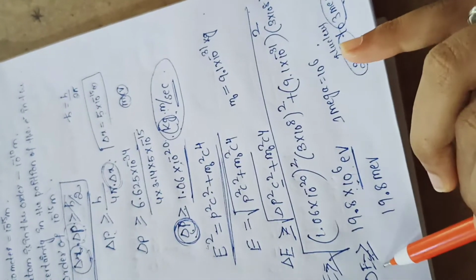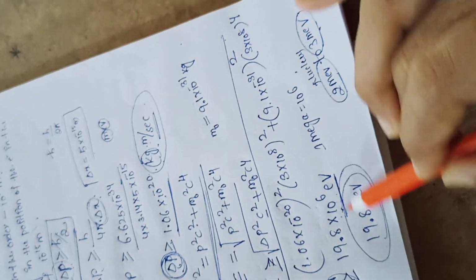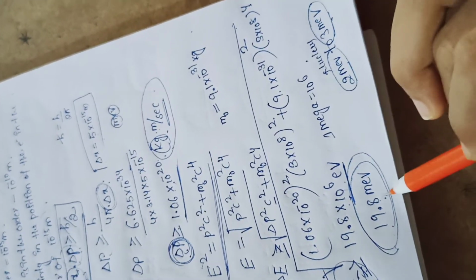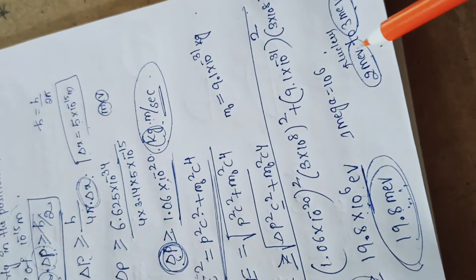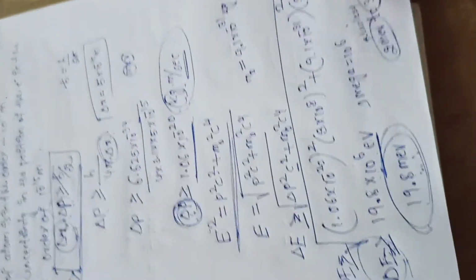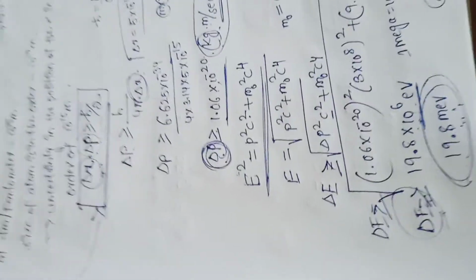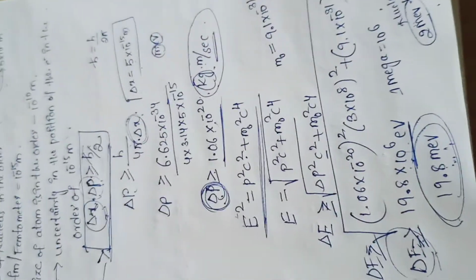But what we are getting here is an electron energy of 19.8 mega electron volts. So this much energy we can't place inside the nucleus. So that is why the electron does not exist inside the nucleus. The electron has higher energy than the nucleus.